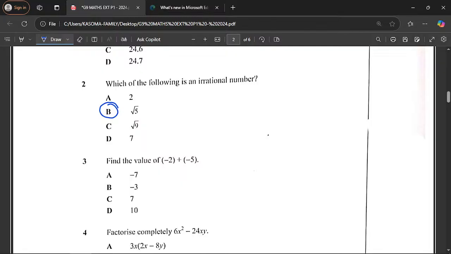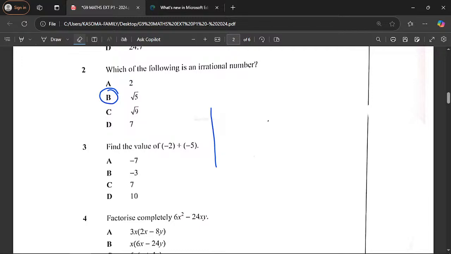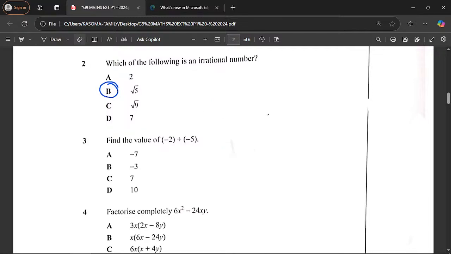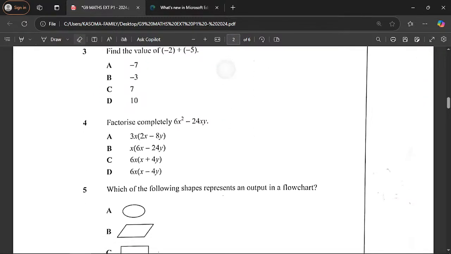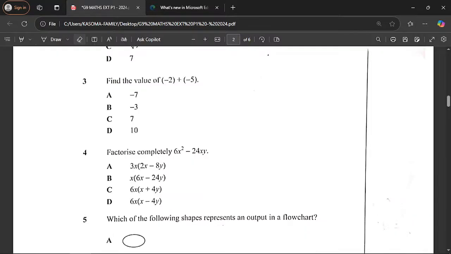Okay, we come to question 3. Question 3 is saying, find the value of -2 plus -5. Find the value of -2 plus -5.